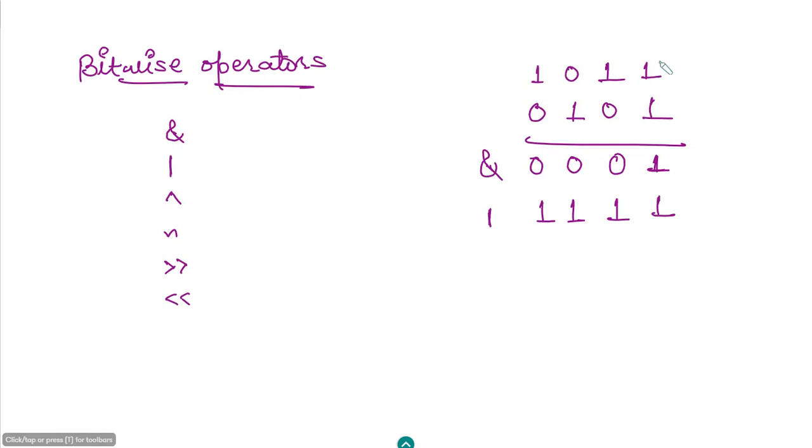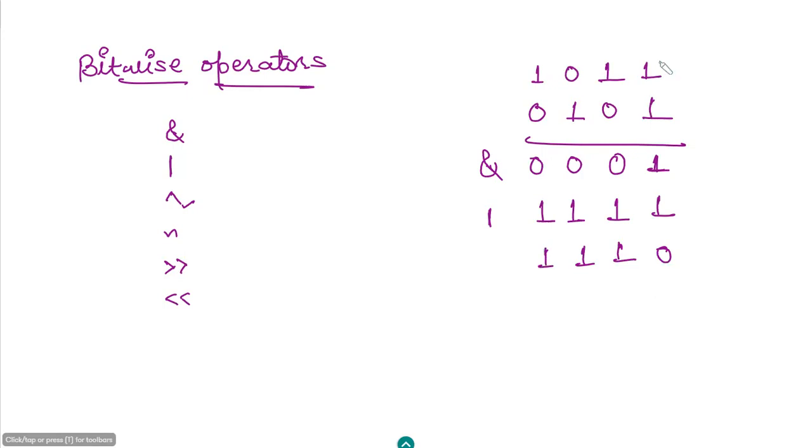Then this operator will not copy the bit into the result, that means the bit will be 0. And if the bit is present in only one operand and not in the other, then this operator will copy the bit into the result, right? So here the answer will be similar, and this is the same.